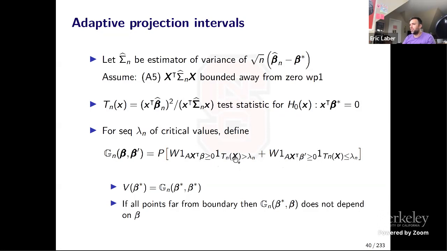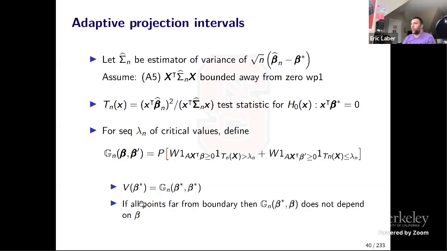So the idea is these are the nicely behaved parts. These are points that are far from the boundary, and these are points that are near the boundary. And so what I want is the projection interval to only affect this part, if we can do that. So the first thing to note is that V of beta star is just Gn of beta star, if you plug in beta star for both.